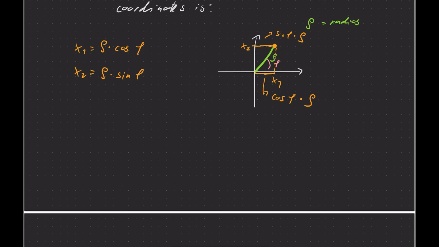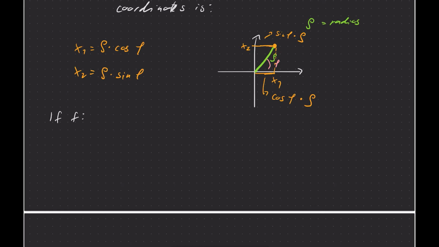Now what happens if we have a mapping given in Cartesian coordinates and we want to transform it to polar coordinates and then maybe compute derivatives with respect to the polar coordinates? How can we do that? Well, let's try that.